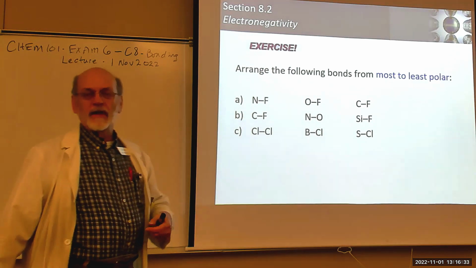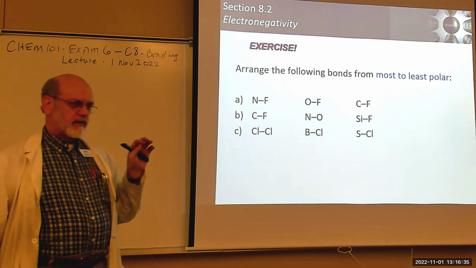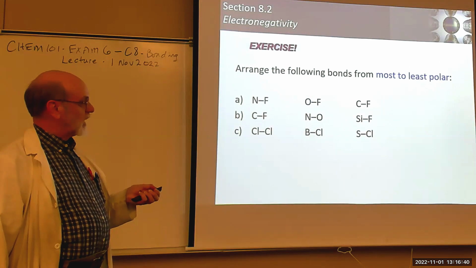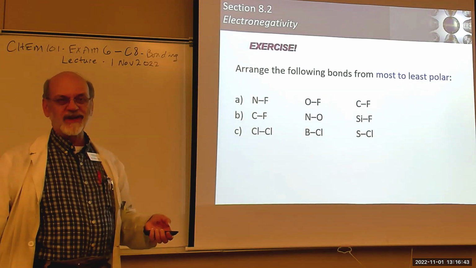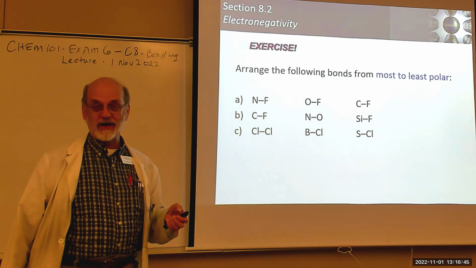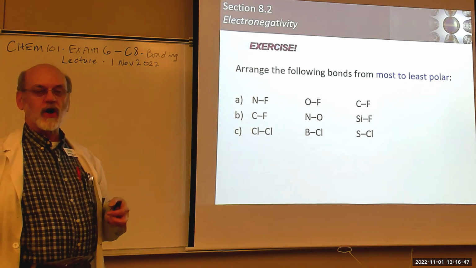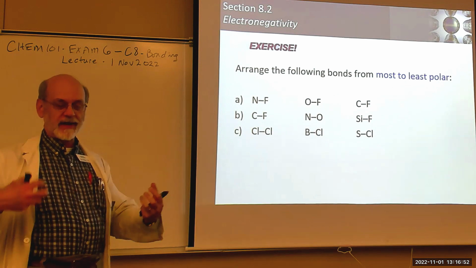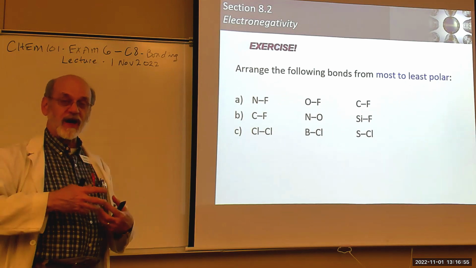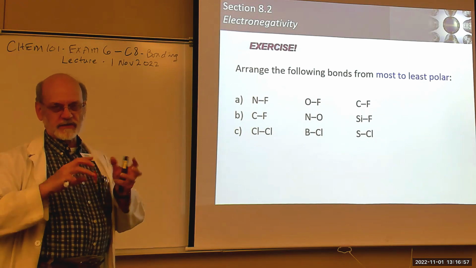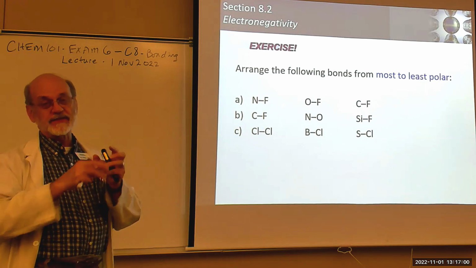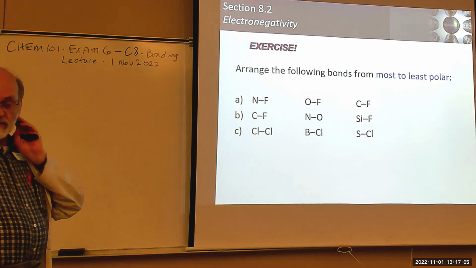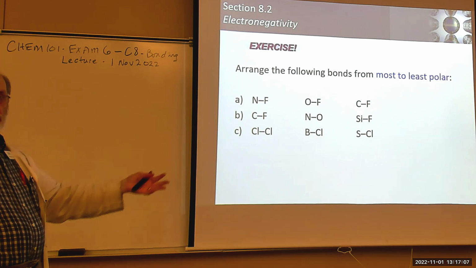Why do I say that? Well, if you've got a metal and a nonmetal, then polarity of a bond is irrelevant because they're two ions. We don't call ionic bonds polar, right? Because they're separate ions. If there's a covalent bond, then we can talk about uneven distribution of electron density in the neighborhood of that bond. So since they are all nonmetals, now we can go ahead with it.